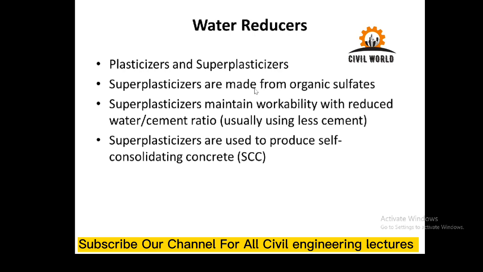Similarly, superplasticizers are most commonly used for production of self-compacting concrete. Self-compacting concrete normally doesn't require any type of vibration for its compaction, because once normal concrete, which is called normal vibrated concrete, is placed, there are air bubbles entrapped inside, and vibrators are required to take out those bubbles and to compact concrete properly.